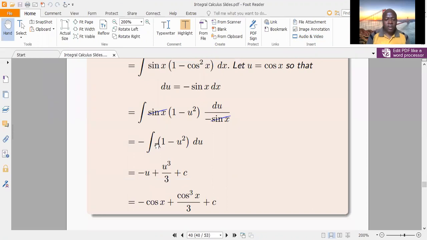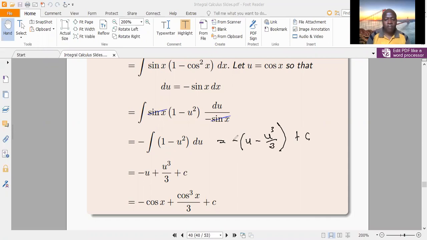So when we integrate, remember there is negative, the integral of 1 to u will be u, and the integral of u squared will be u cubed out of 3, and then plus constant of integration.